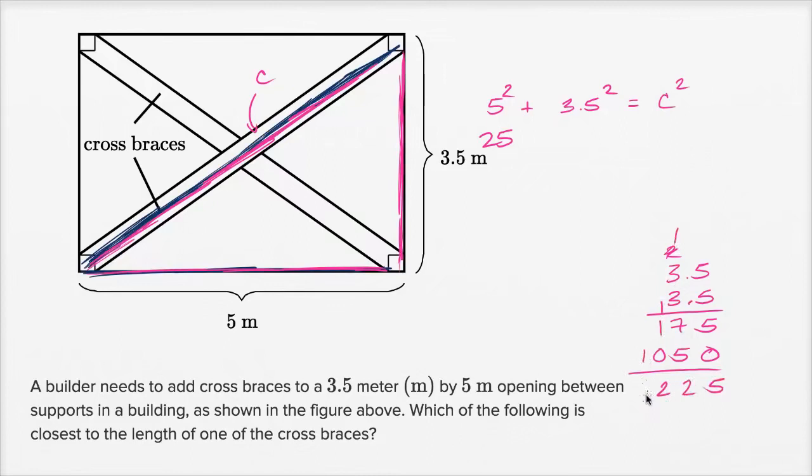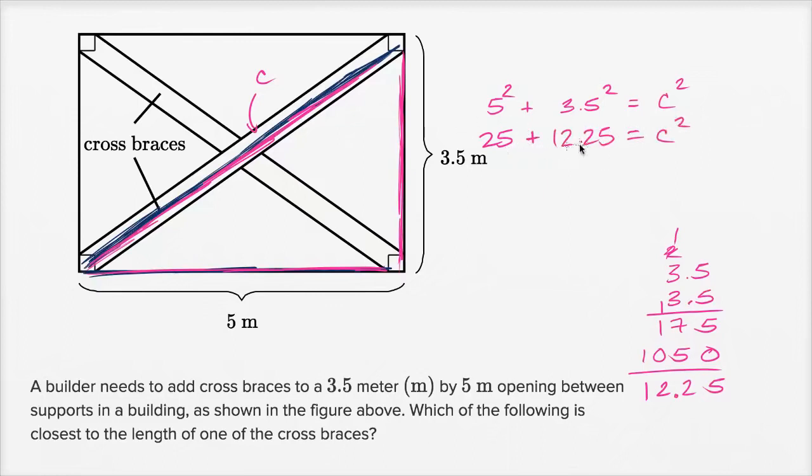And then you have 1 right over here. And you have 2 digits to the right of the decimal point, so you're going to have 2 digits to the right of the decimal point right over here. So this is going to be 12.25, so 25 plus 12.25 is equal to c squared.